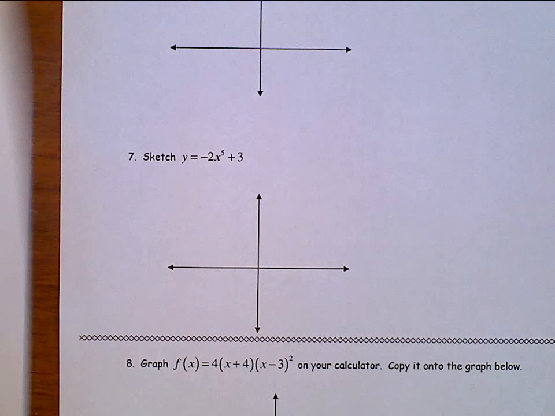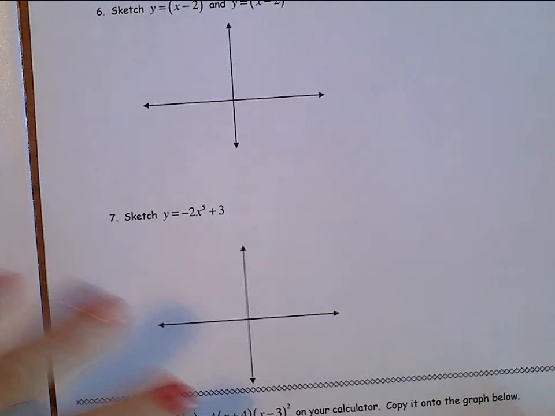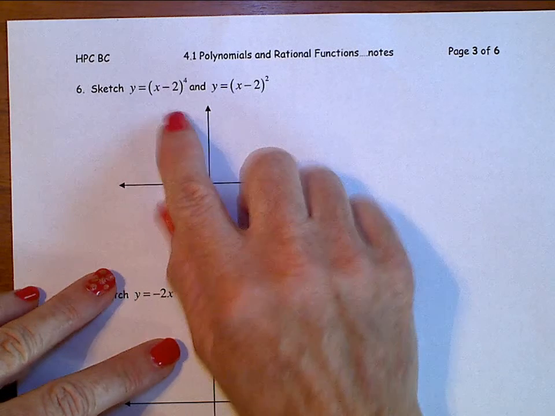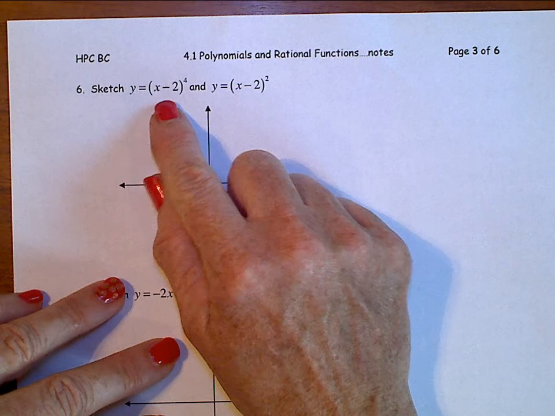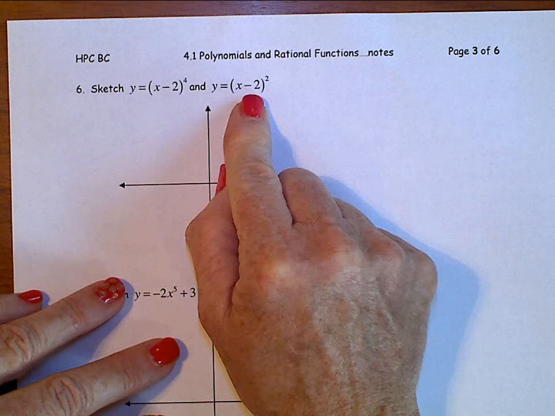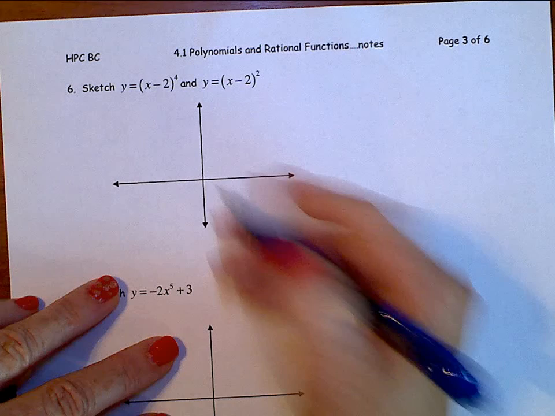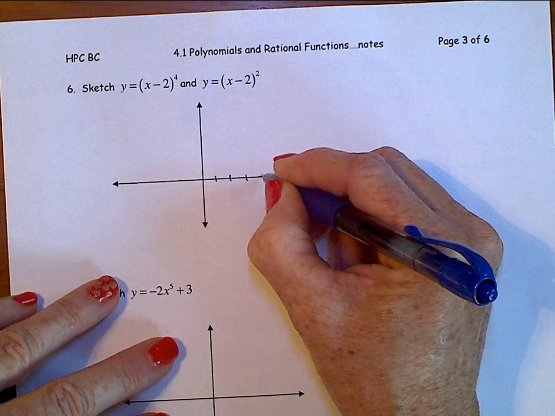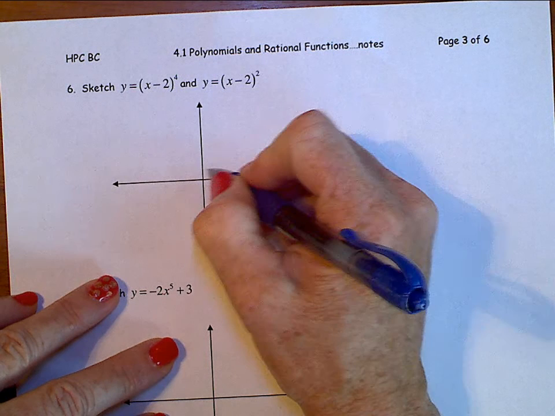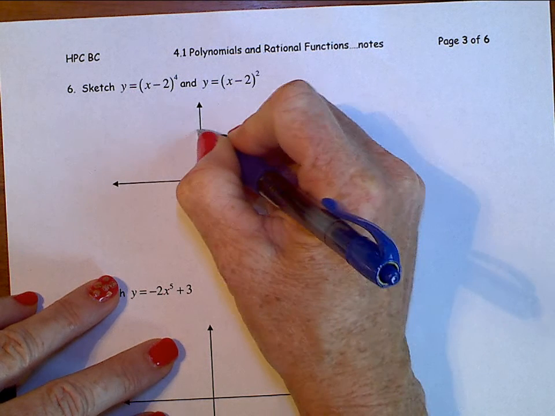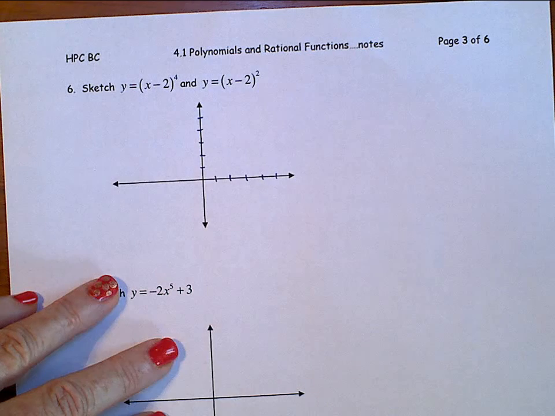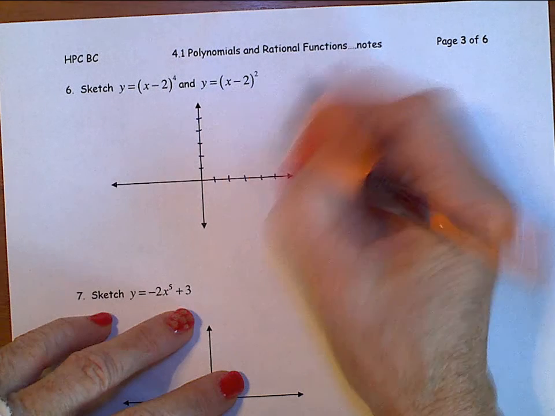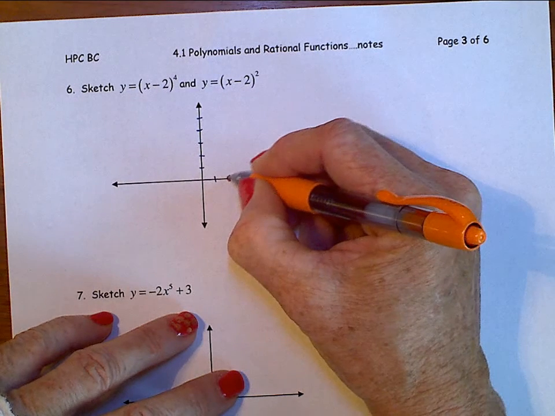Let's look at this page then. We are going to sketch a few graphs without your calculator now. So I want you to sketch y equals x minus 2 to the 4th and y equals x minus 2 squared. You should be very familiar with that second one. It's a parabola opening upwards, and the vertex is at 2, 0 because we have shifted 2 units to the right. So we're going to hit right here.